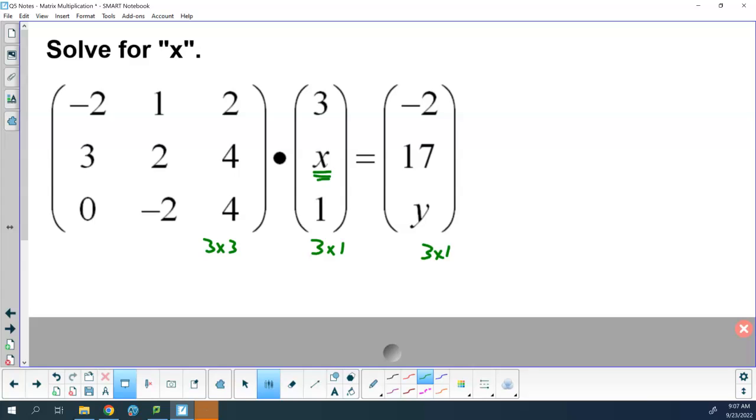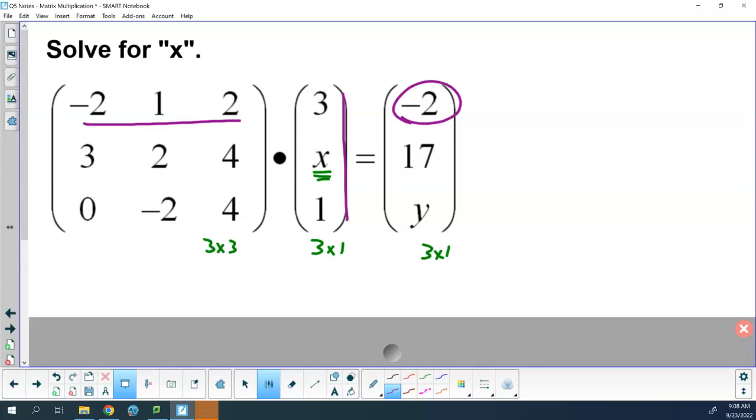So in order to solve for x, I'm going to need to get there. So that's a row 2, column 1. Okay. So if I take the first row times the first column, I should get this answer, correct?